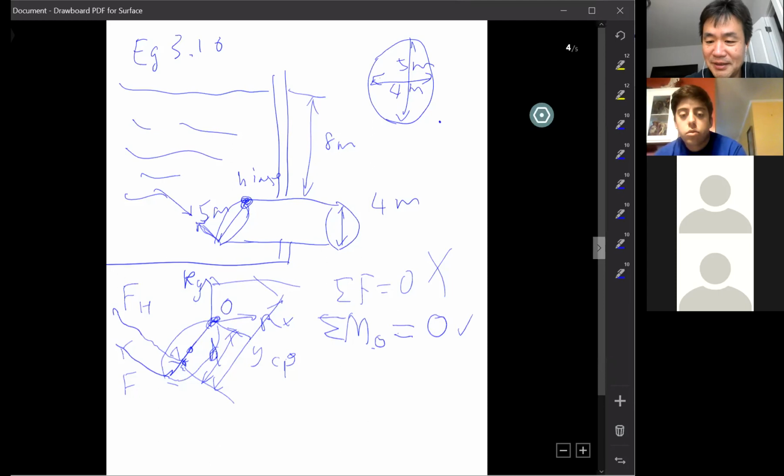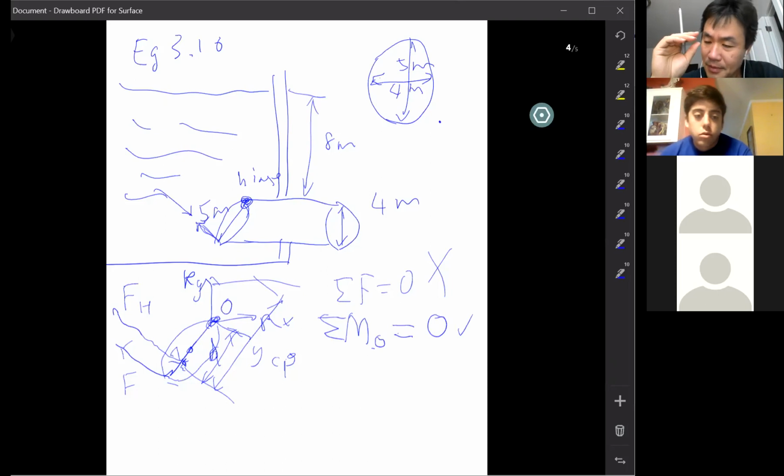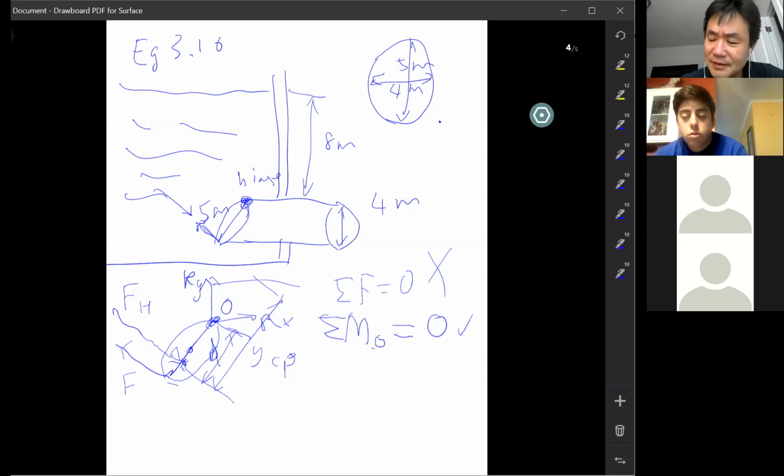If you pick the moment balance, how do you expand it? How many moments are in this problem? Two. One is from the force F, the other is from the force FH. Counterclockwise is positive, right?